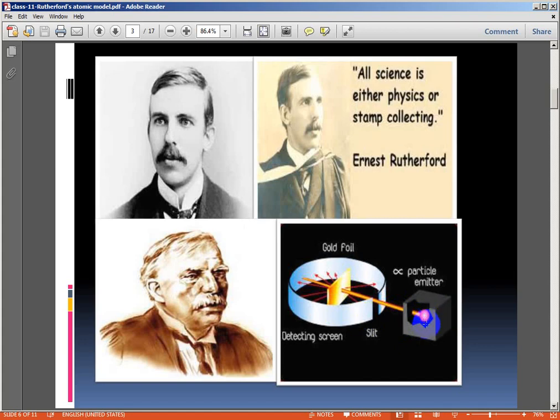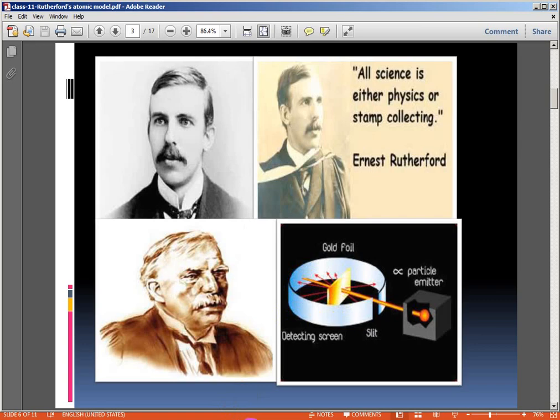Alpha particles are formed from bismuth, a radioactive element. They enter through the slit, pass through the gold foil, and strike the zinc sulfide screen, and light flashes.